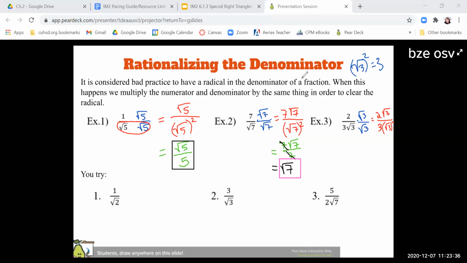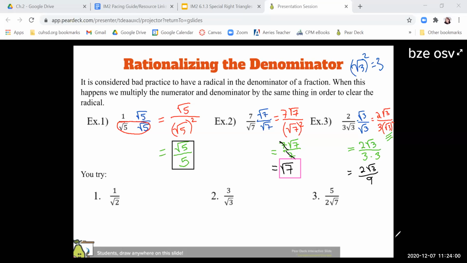Sorry, it's a little squishy there. And so then that gives me 2 root 3 on the top over 3 times, and this part right here is another 3. So finally, we'll have 2 root 3 over 9.